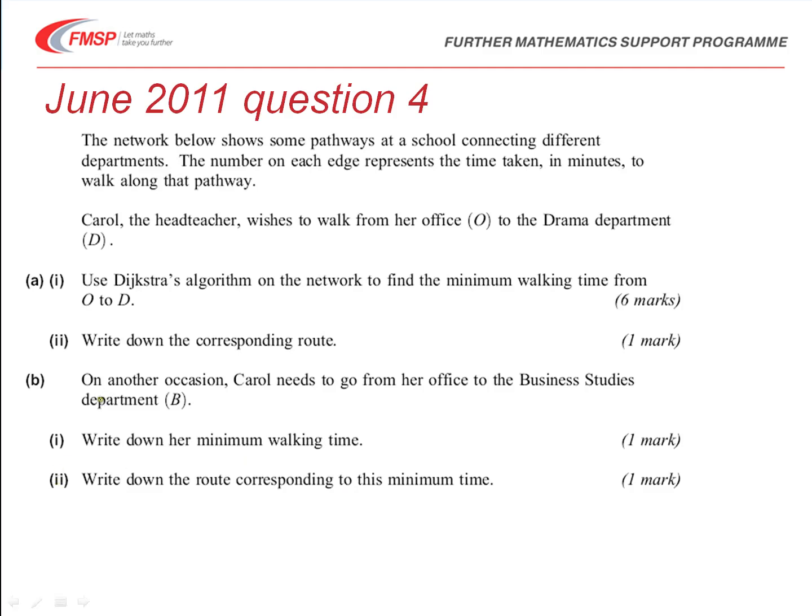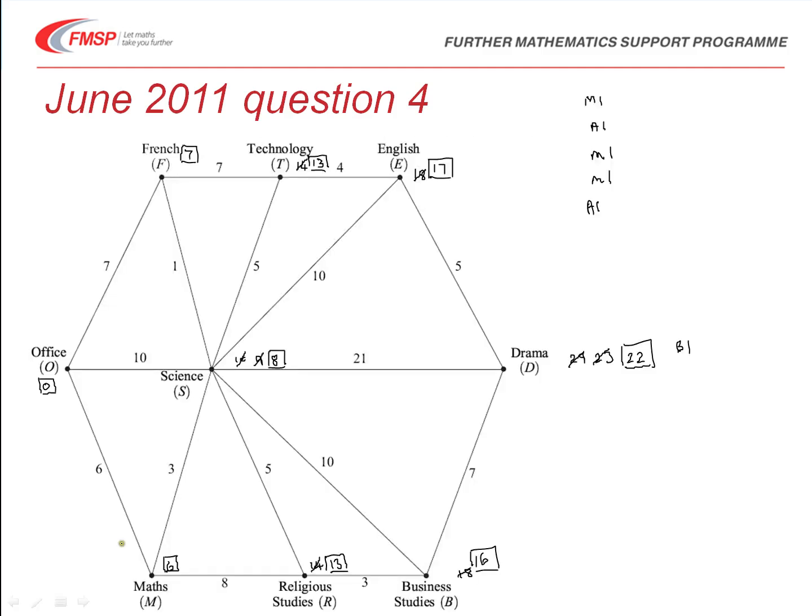Part 2 of the question then asks us to write down the corresponding route. What we've got to do is work backwards from D to trace back where we came through the diagram to get to D. So we start at D. D had a value of 22. 22 take away 7 is 15.